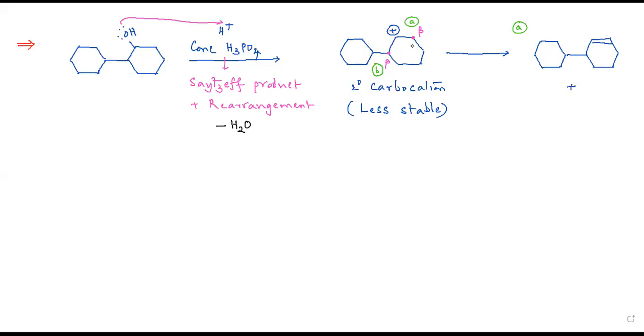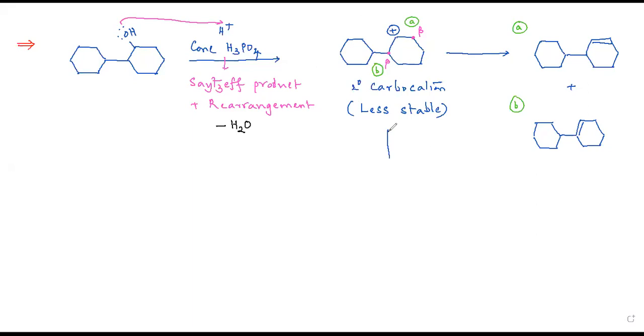Now in case of the second possibility, I mean B, hydrogen from this comes into picture. Then of course we get this. So this is the second possibility. From the 2-degree carbocation, we have these two possibilities.